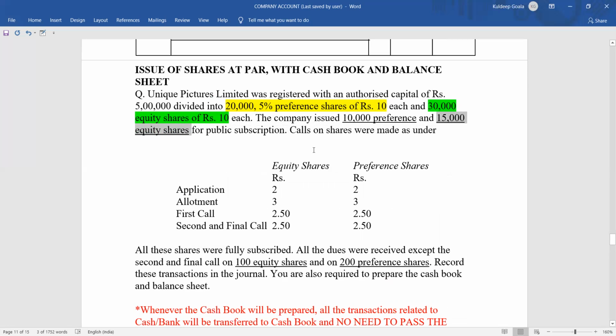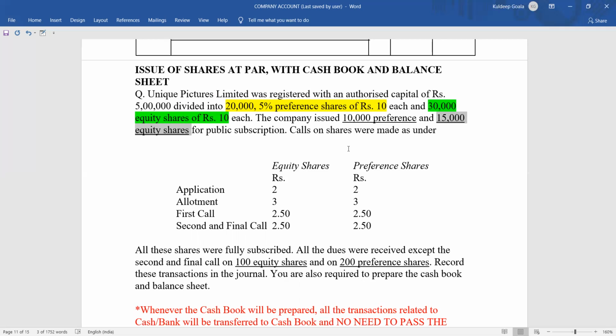The journal entry will be like this: bank account debit to equity share application account, and to preference share application account. There will be a combined entry of two applications, one that you are receiving on preference shares, another on equity shares. Earlier it was only equity share application account; now there will be two.